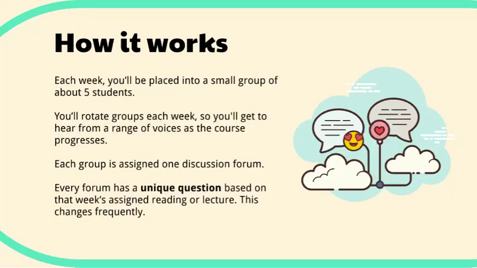Each group is assigned one discussion forum, labeled like week 1 forum A, week 1 forum B, and so on. You'll only have access to your assigned forum, so no need to hunt for the right one, or when you see them all lined up, A through D, A through E, whatever, don't panic and think you have to complete 5 forums. That's not what you have to do.